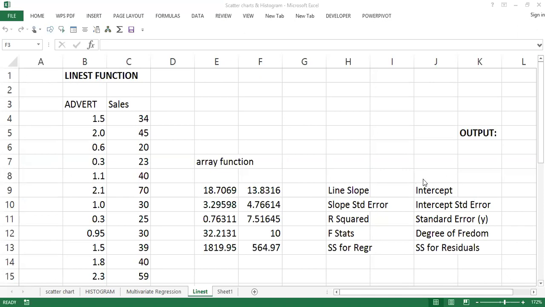So we looked at multivariate regression, okay? And we also considered two methods that are used for regression analysis in Excel. What are those two methods?